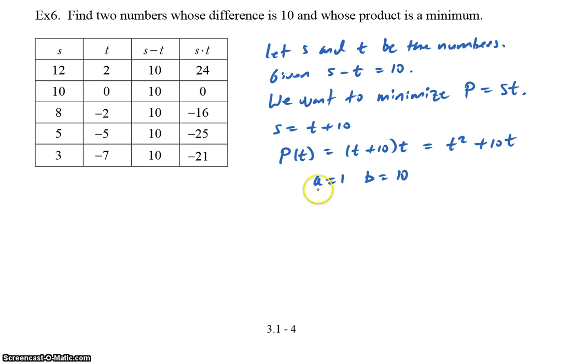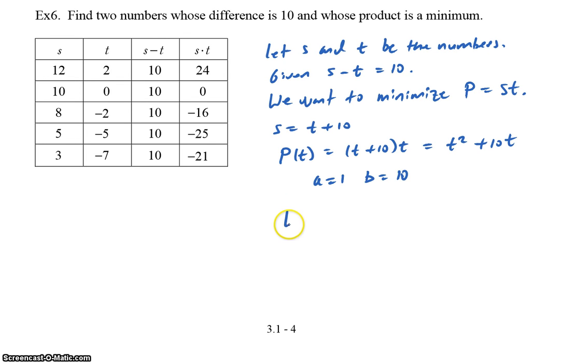Now, a is positive, which means that at the vertex of this quadratic function, the function value would attain a minimum. And the function value here would correspond to the product. So by finding the T-coordinate of the vertex, we can identify the value of T that would minimize the product.